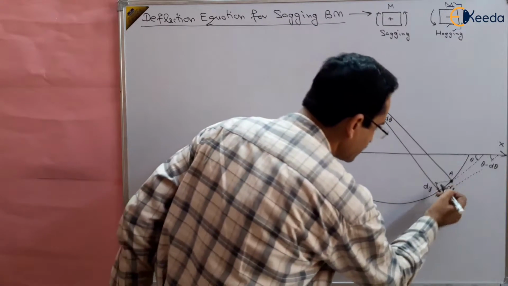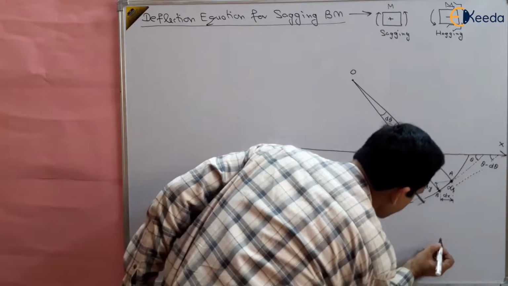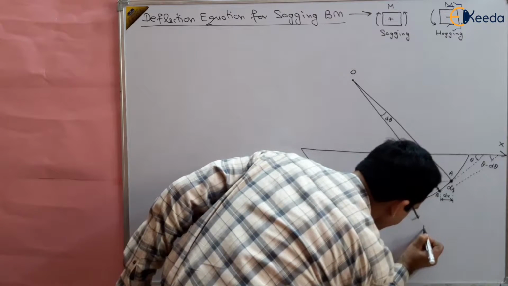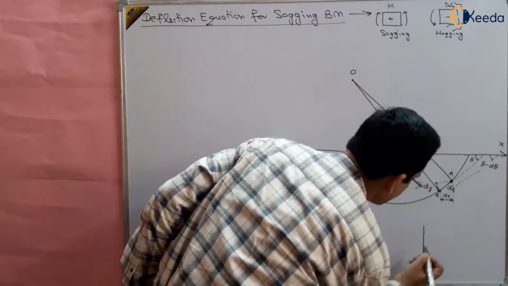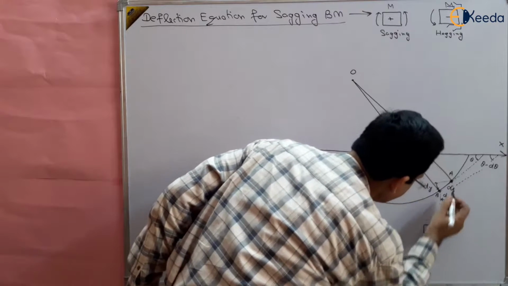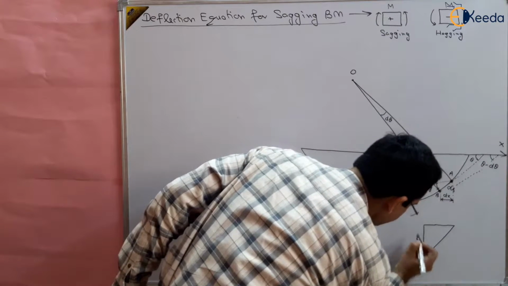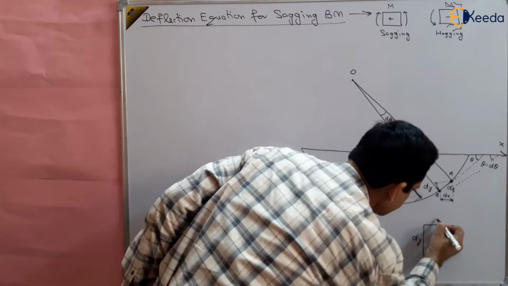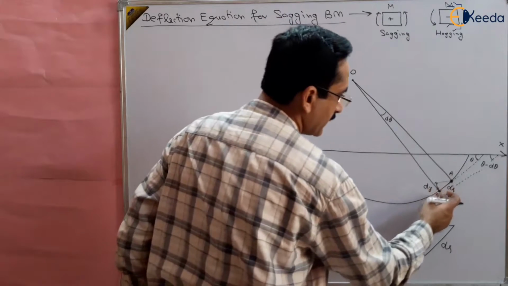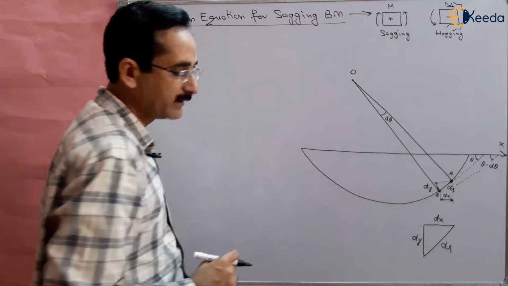If I show it here, this angle will be d theta. I want to make it bigger, so this will be the case like this, and this inclined line is ds, this is dy and this is dx.